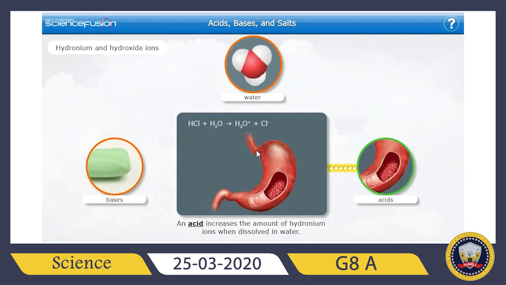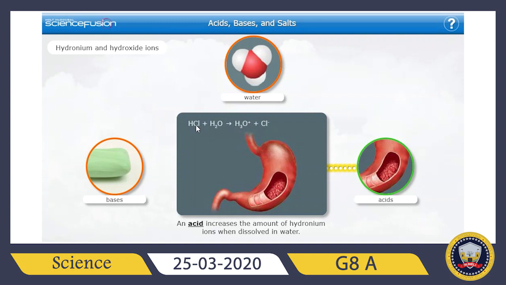For example, inside our stomach, this is a representation of our stomach, we have hydrochloric acid, HCl, you can see here. When this hydrochloric acid dissolves in water, its one hydrogen will form a hydronium ion with this water molecule.